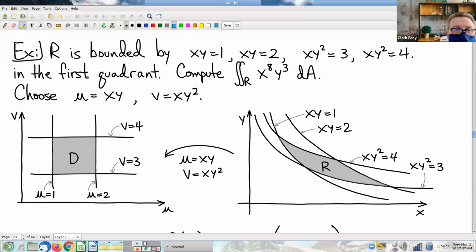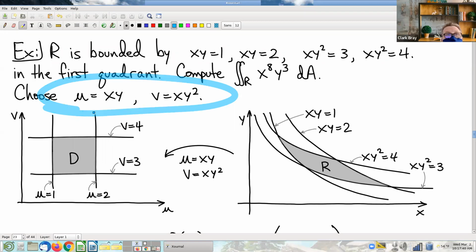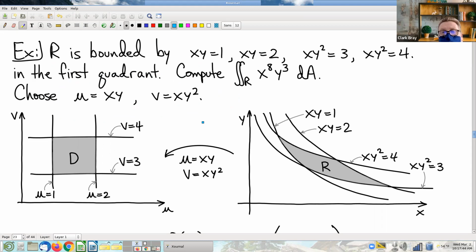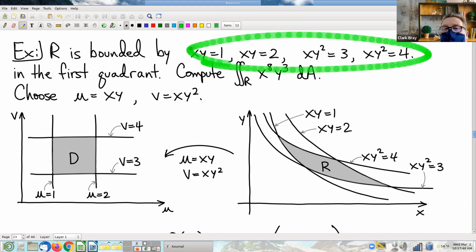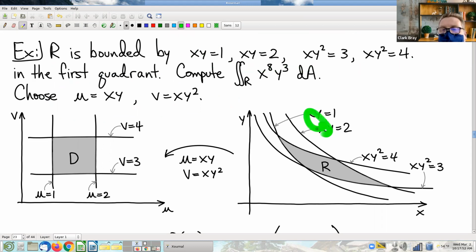So where does this change of variables function come from? It comes from a real clever trick. If you can find a way to write your bounds, all the equations that you're given that bound your region, as stuff that equals constants, right? So this thing called xy, that's equal to a constant there and there.